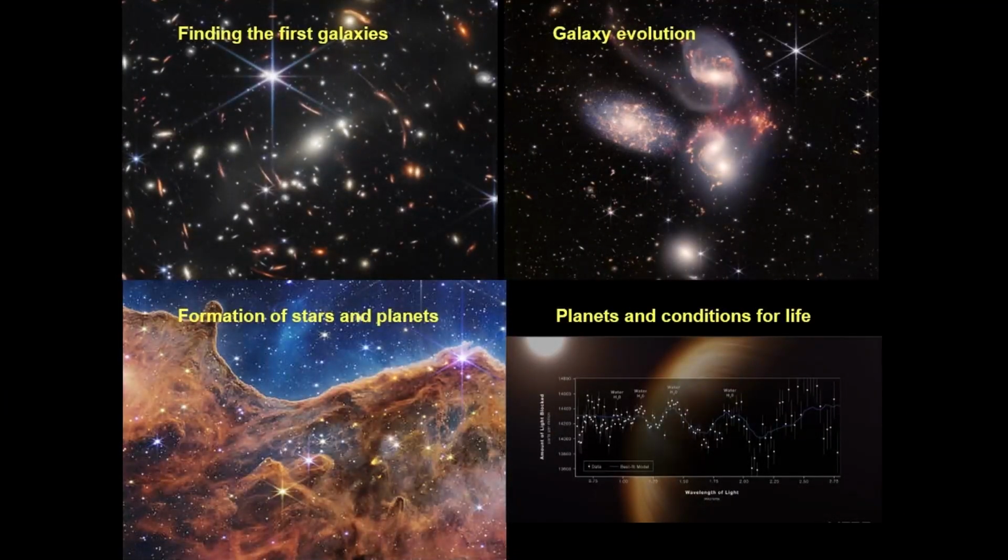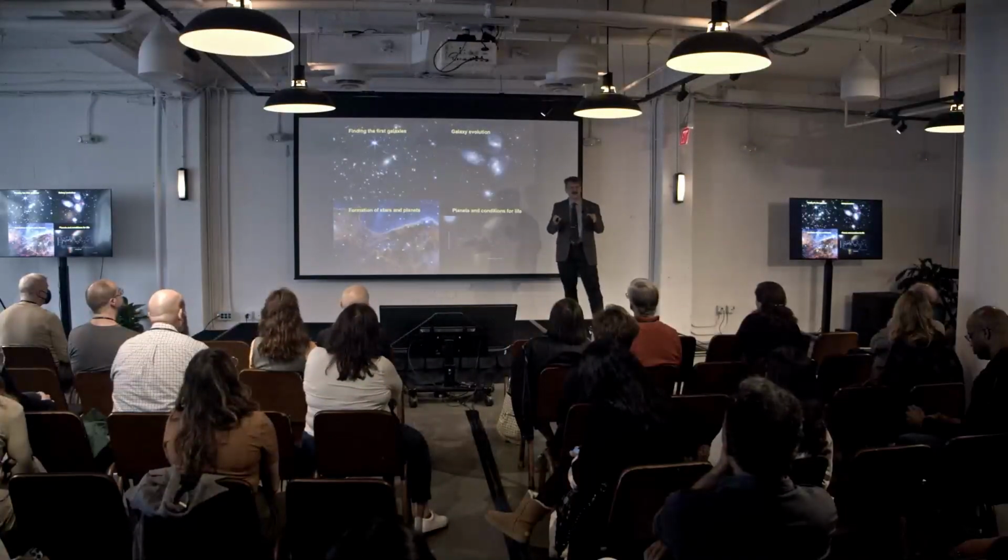And when we brought out our first pictures taken with Webb, first scientific pictures taken with Webb, they followed along the science themes that we, the astronomers, had written down almost 20 years ago about what science Webb should do.